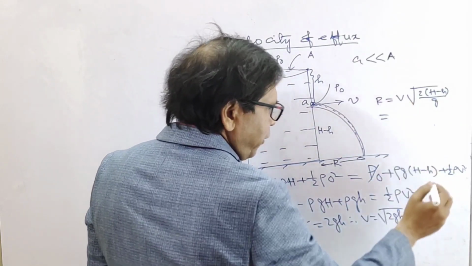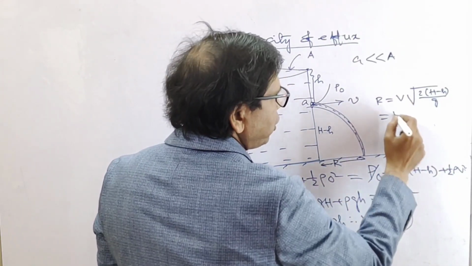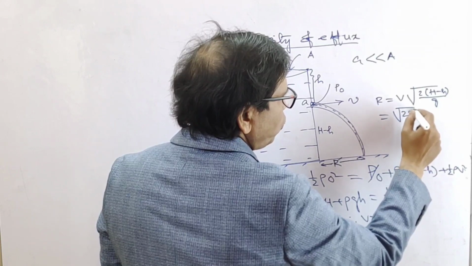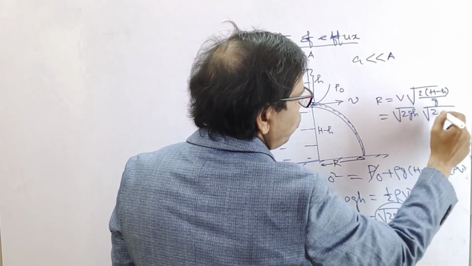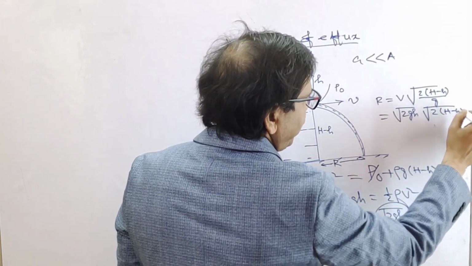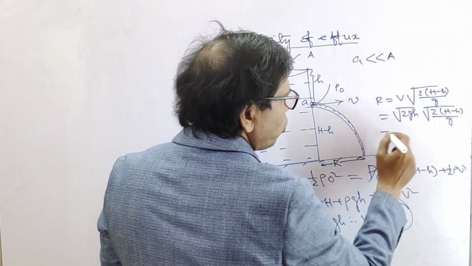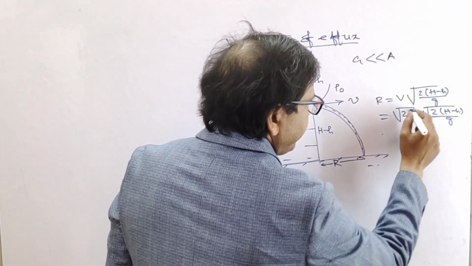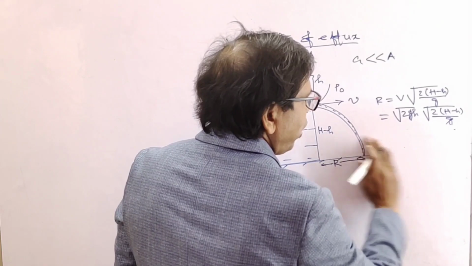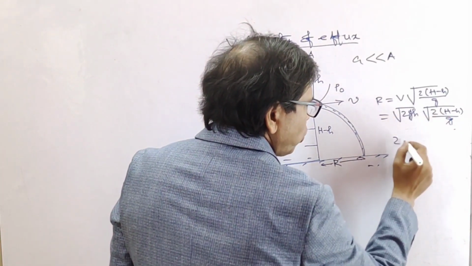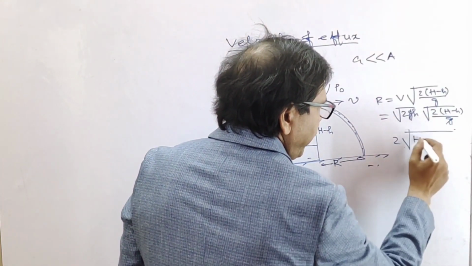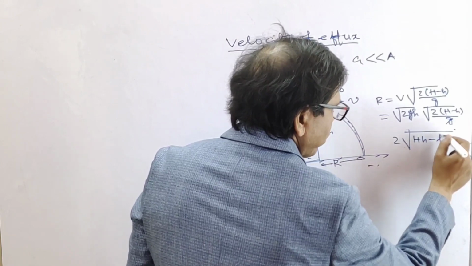Now what is v? V is root under 2gh. So root under 2gh into root under 2 into H minus h divided by g. Now this and this cancel out. So this is 2 into under root of Hh minus h square.